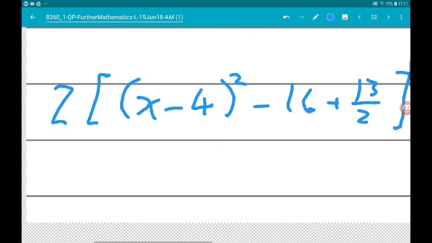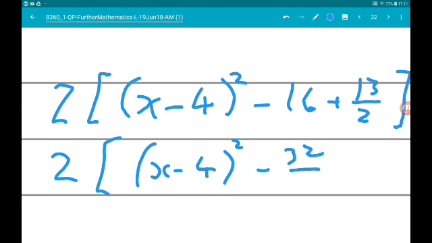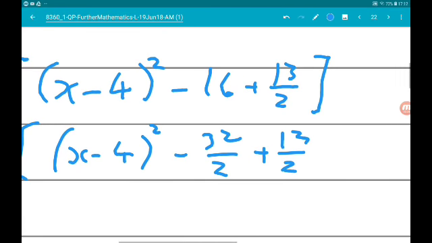Now, this is 2 lots (x minus 4) squared. Now, 16 in terms of halves is 32 halves. So we've got 32 halves, minus 32 halves, add 13 halves.